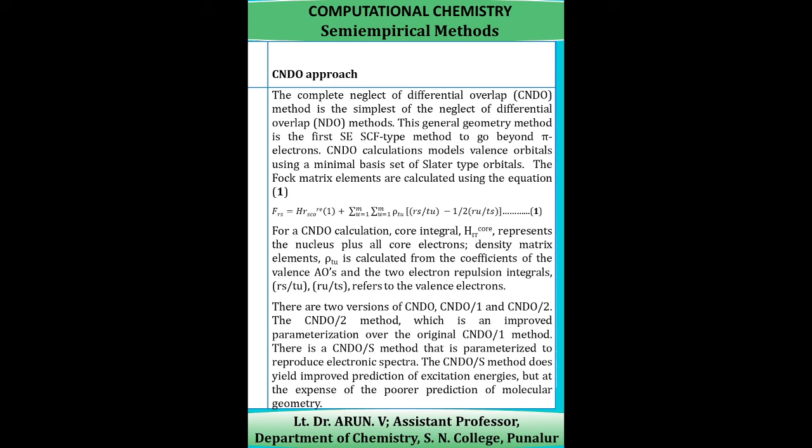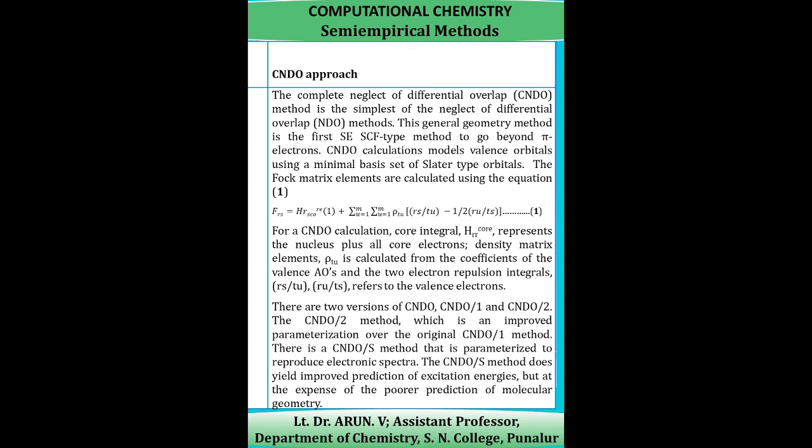CNDO calculations model the valence orbitals using a minimal basis set of Slater type orbitals. Here the Fock matrix elements are calculated using equation 1. For a CNDO calculation, the core integral H_RR core represents the nucleus plus core electrons. The density matrix element rho_TU is calculated from the coefficients of the valence atomic orbitals, and the two electron repulsion integrals refer to the valence electrons.